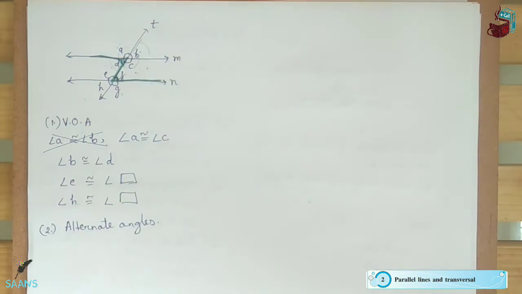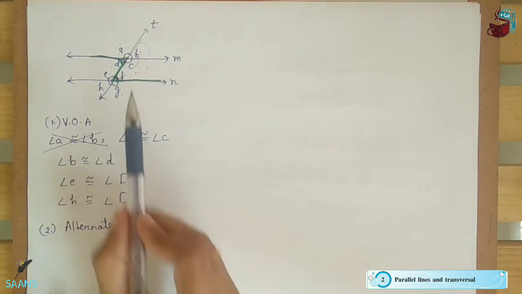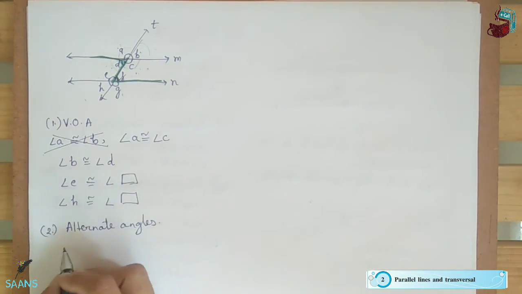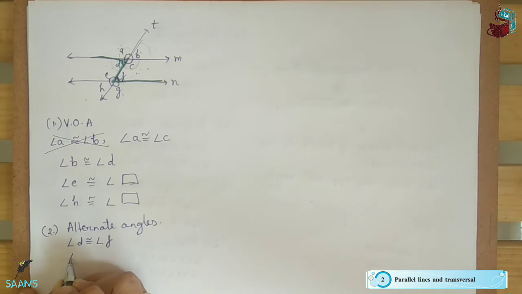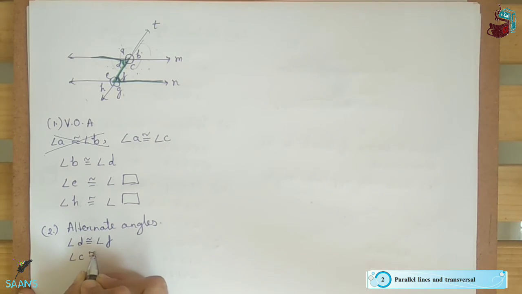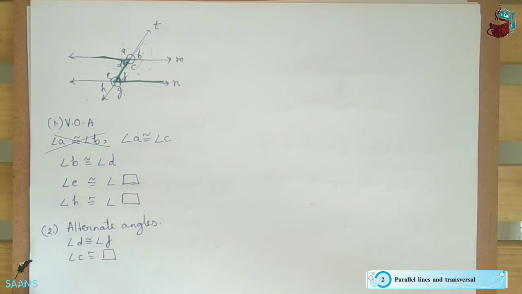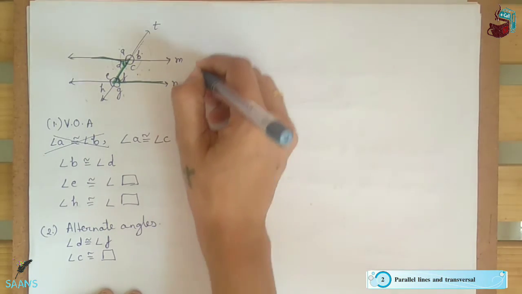Only one Z I'll do. You make Z like this in your book. Okay? So Z is angle D and angle F. The relation is angle D is congruent to angle F. Okay, I'll do the next one. You will write angle C is congruent to dash. Okay, you are going to write it in your notebooks.